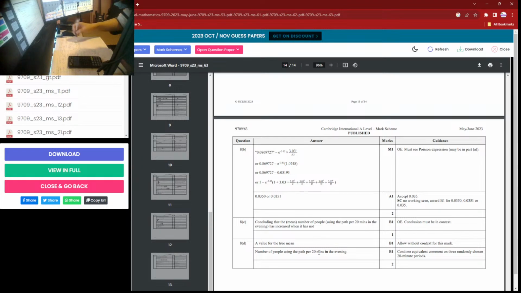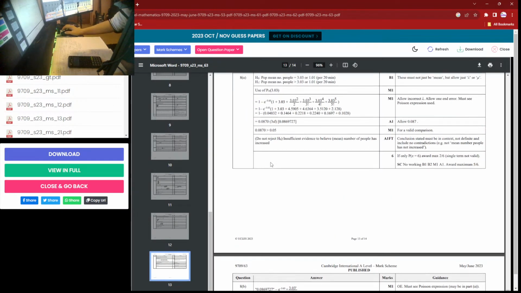It is 20 minutes, right? Yeah. Okay, so I did get 1 mark for that, but a value for true mean. Since we can't use Poisson, we need the exact mean for this. Okay, got that already. And then for 8B, oh, they used Poisson.